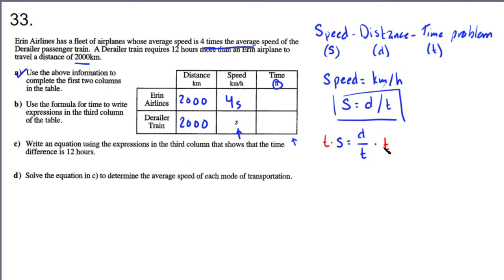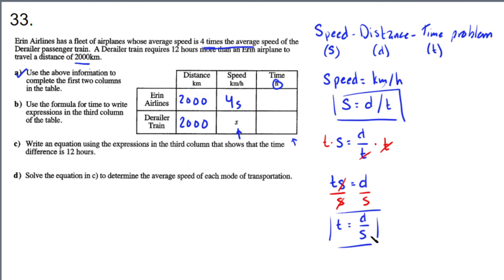When we do that, time is cancelled on the right-hand side. And we get, on the left-hand side, time times speed. On the right-hand side, we have distance. Now we divide both sides by speed. And the speed will cancel on the left-hand side. And we're now left with time equals distance divided by speed. So this is the version of the speed, distance, time formula that we need.